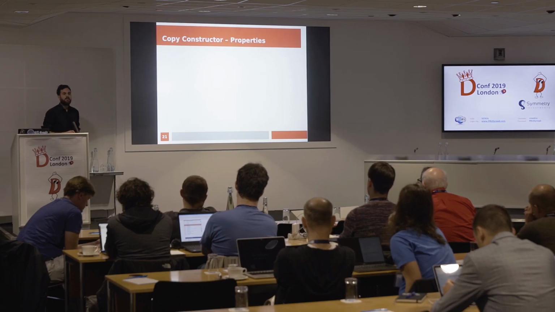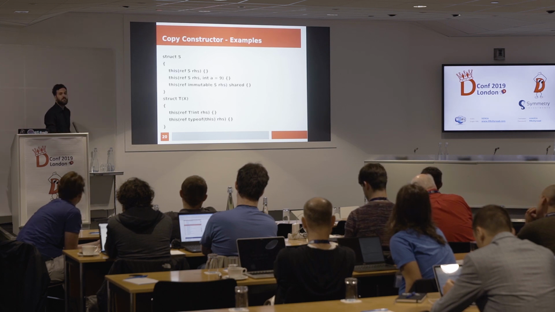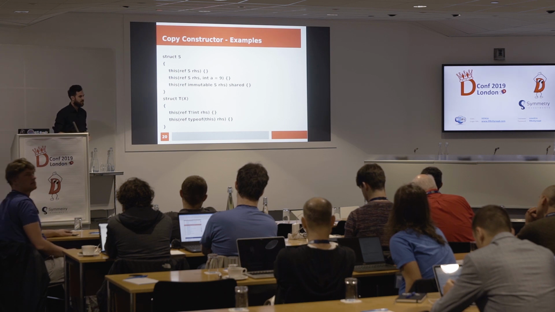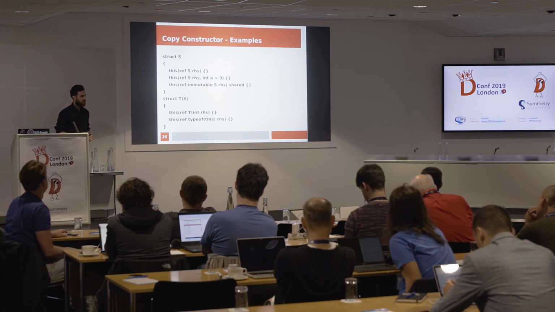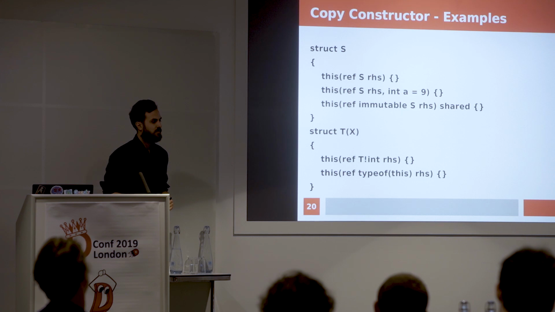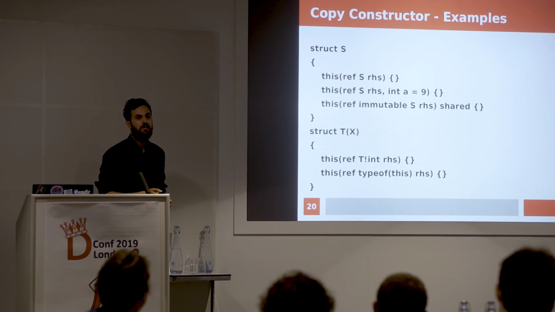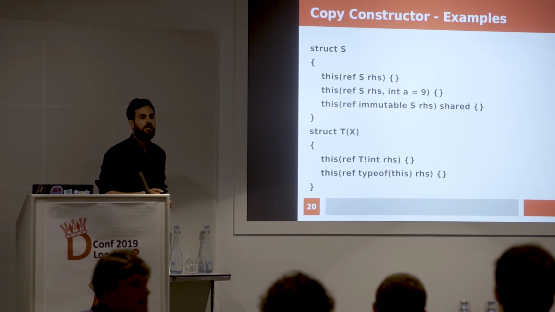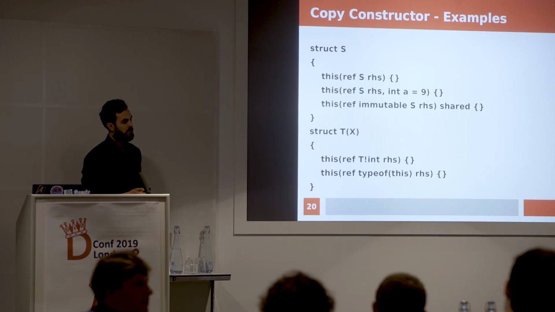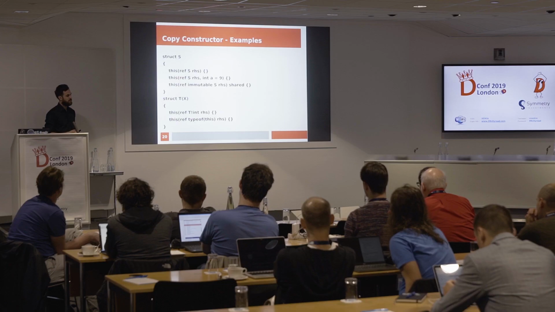Question? Yeah? Can you go back to the previous slide, please? This one? Yeah, at the bottom you'd say typeof(this). Well, D has a shortcut where you can just use T there. Oh, okay. I have to admit I didn't know about that. Yeah, T works as a template because it expands to that particular instantiated type if you just use the template name by itself.